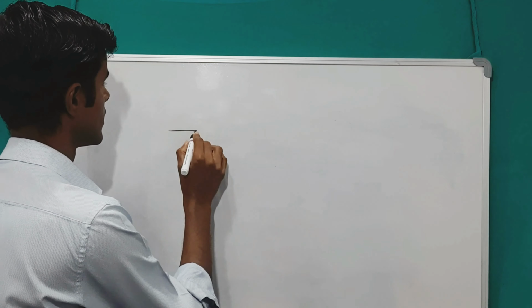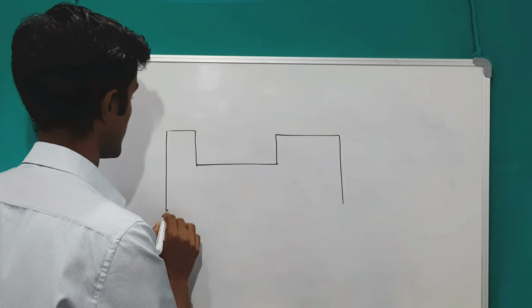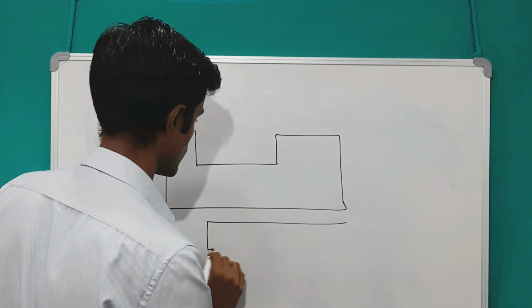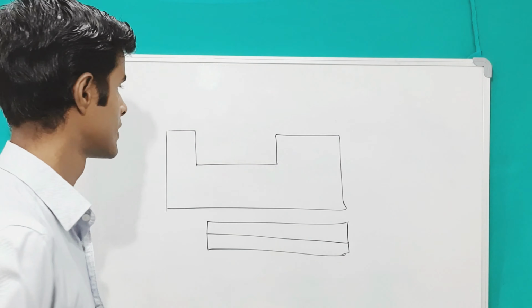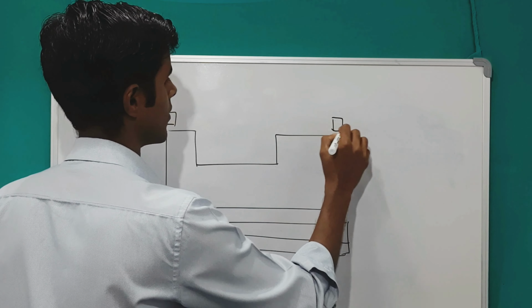Let me show a schematic representation of the modern periodic table like this, and here you have 2 more rows arranged like this. Here you have hydrogen, here you have helium.